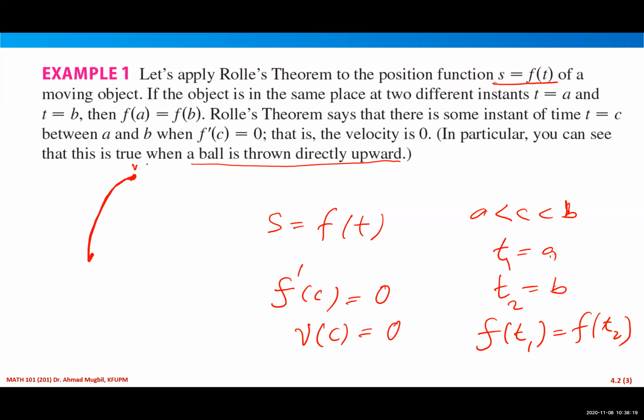So there is a number at which the derivative will be 0, over the same distance from f of A to f of B. So it says that if the particle is at the same place at 2 different times, t1 and t2, then in between these 2 times, the particle will be at rest at some point.